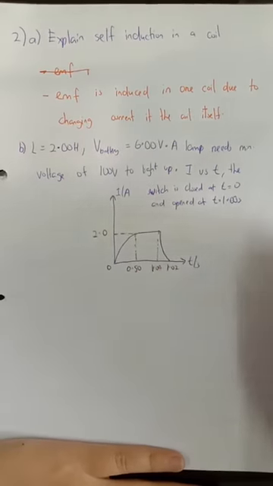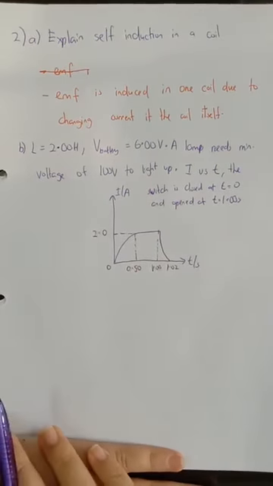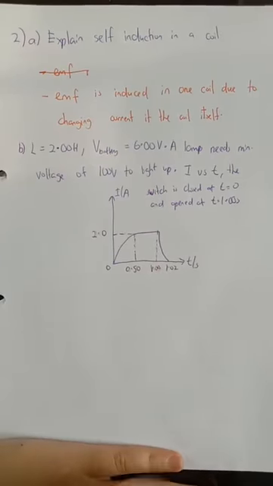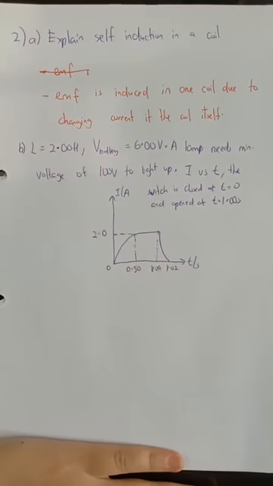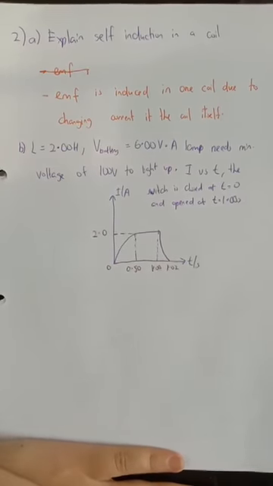So the full question, I read it out because this is only a summary. An inductor of self-inductance of 2 Henry is connected in series to a battery of EMF 6.00 volt, a lamp, and a vibrating switch.